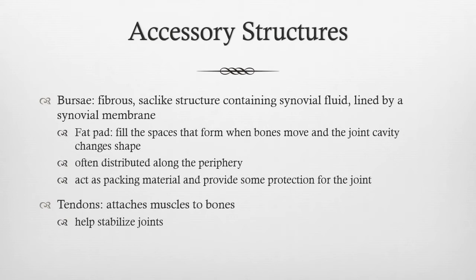In addition to having things like ligaments and synovial cavities and synovial sacs in and around a synovial joint, because these joints are highly movable, we need to have some protection there. The protection oftentimes comes in the form of bursa. Those bursa are like little tiny fluid-filled paddings, almost like a little pillow.